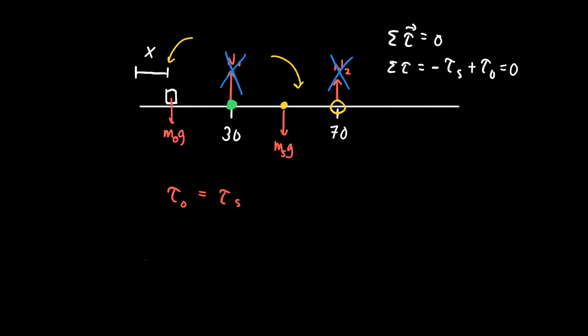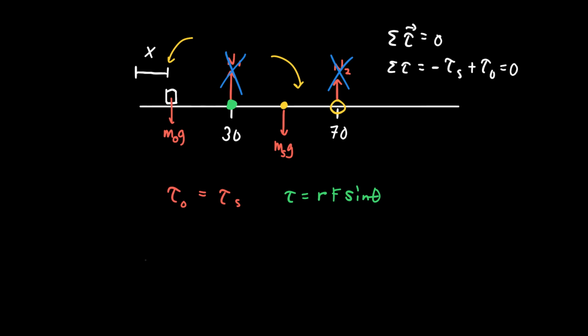And that's where I get the fact that those two torques are equal. If I remember that any general torque, tau, equals RF sine theta, then what are the torques in each case?